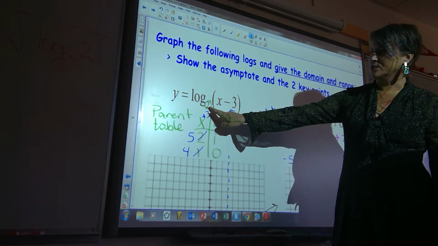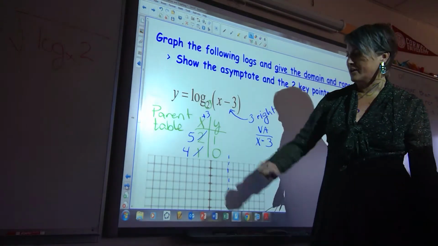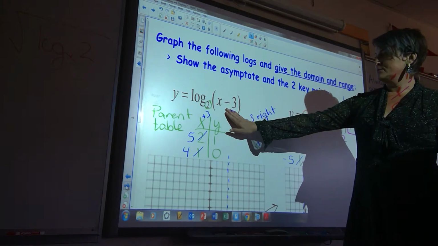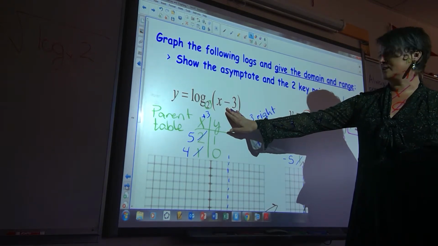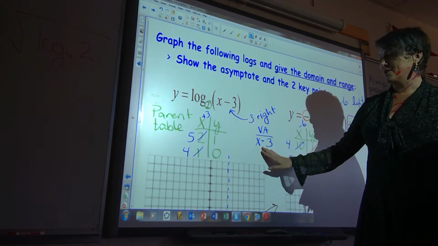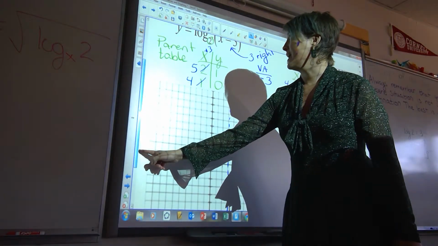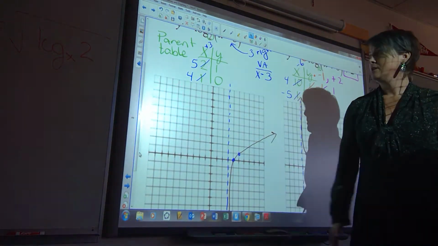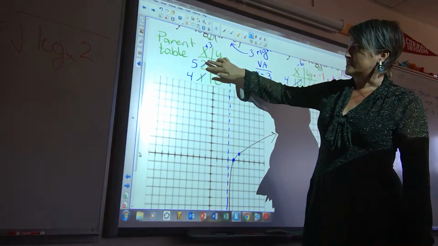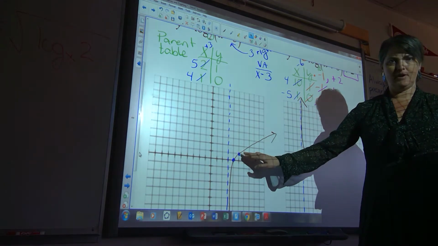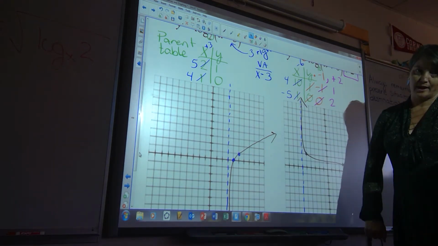Since this was a base 2, I started off with a parent table, 2, 1, 1, 0. This was a movement 3 in the x direction. It told me that my asymptote was at x equals 3. So I started there. I graphed the asymptote. Then I added 3 to each of my x values, and then I plotted my 2 points. I know what my general shape is, and so I connect the points.